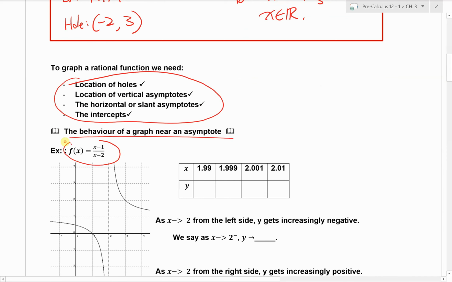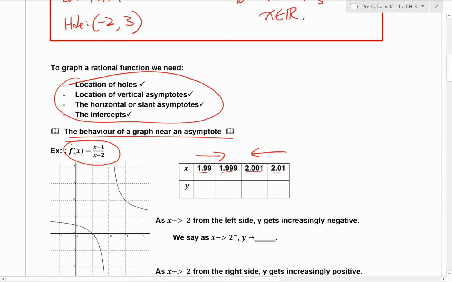So here is the example. f of x equals x minus 1 over x minus 2, and this is the graph. That's what it looks like. And you can see there's a vertical asymptote at x equals 2. So you can see these values are really close to 2. This is looking from the left, and this is looking from the right.